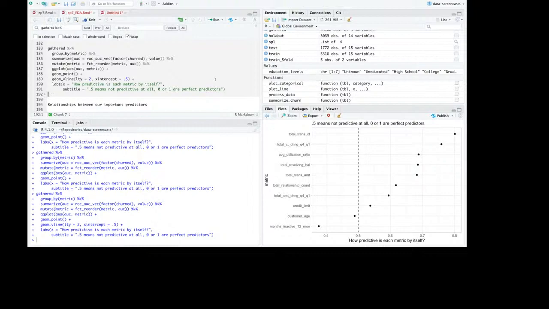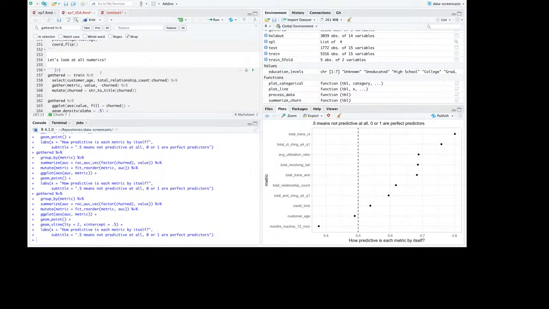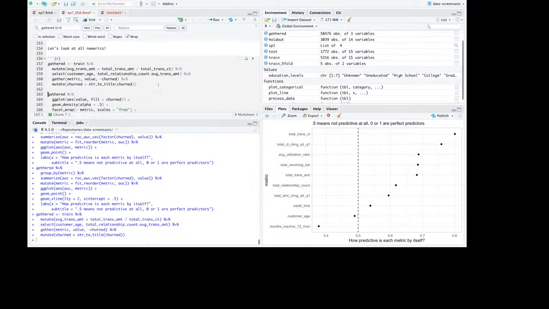So like age is not very important, but total transaction amount, count is important. So here's what I'm going to do. I'm going to add mutate total average trans amount is total trans amount over total trans count. I'm going to throw that into the gather.